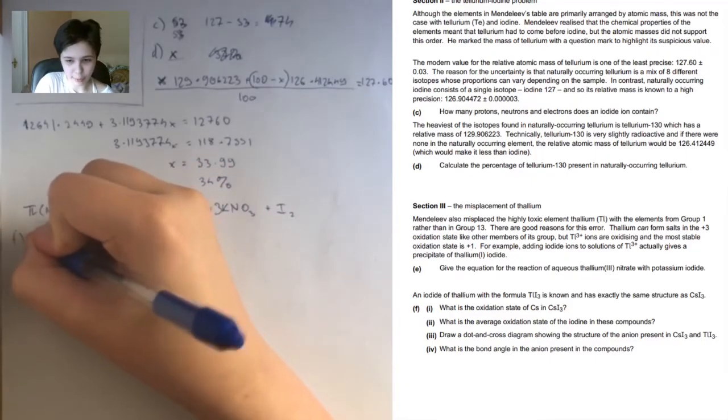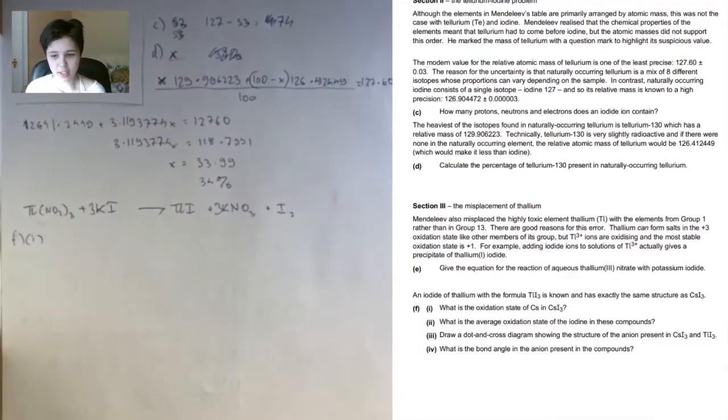But continuing on. F part I, the oxidation state of cesium in CsI3.